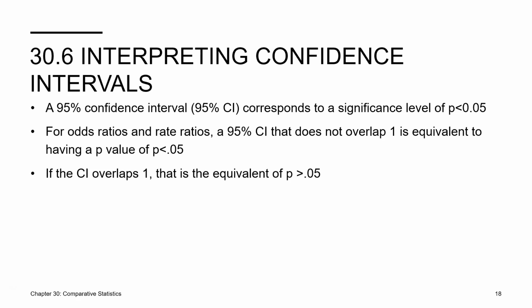A 95% confidence interval that does not overlap 1 is equivalent to a p-value of less than 0.05. So if your confidence interval is 0.80 to 1.2, it crosses that 1, and that would be greater than 0.05. But if your confidence interval was 1.2 to 1.6, then you would have a p less than 0.05 and your results would be statistically significant.